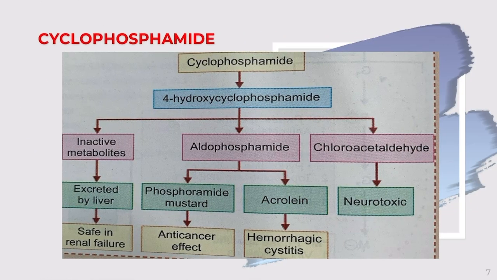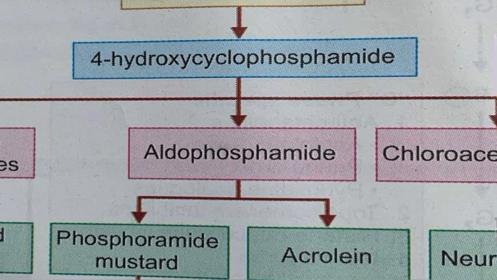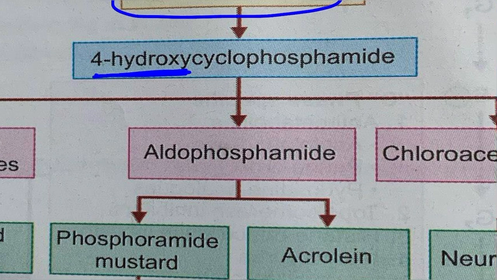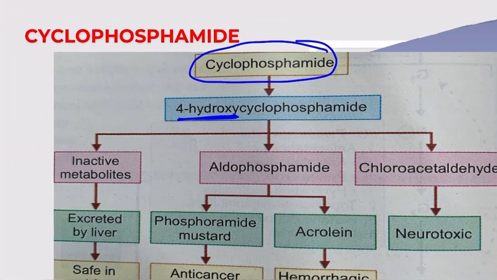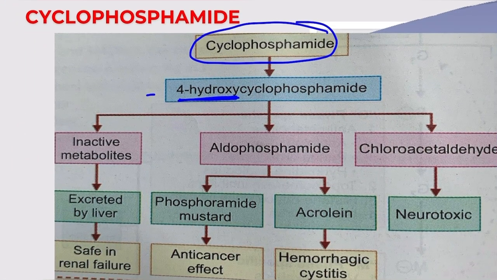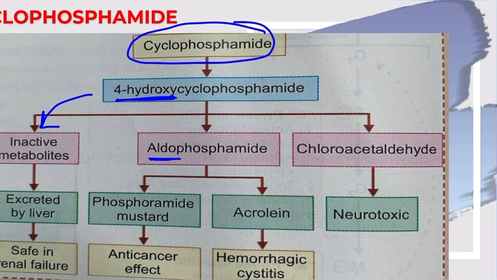Look here, this is the metabolism of cyclophosphamide. Cyclophosphamide is first converted to 4-hydroxycyclophosphamide. This is not important. And 4-hydroxycyclophosphamide is converted to inactive metabolites, aldophosphamide and chloroacetaldehyde.